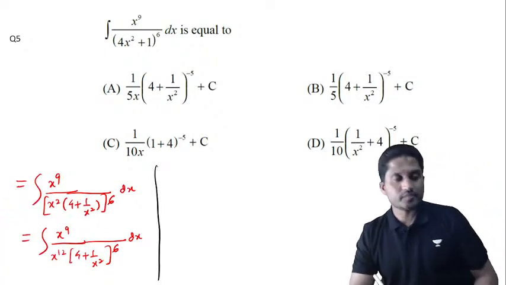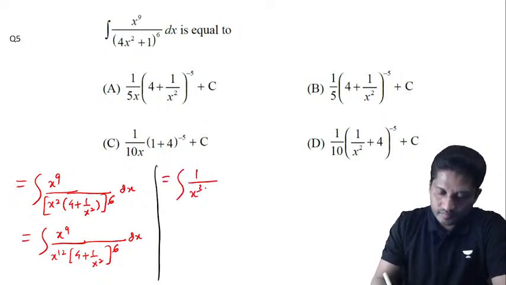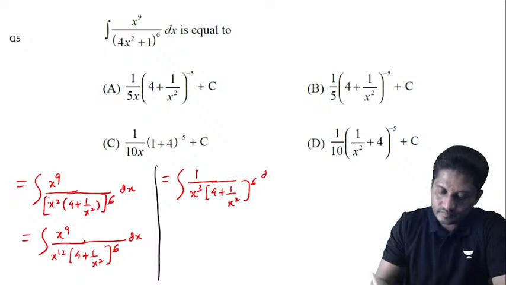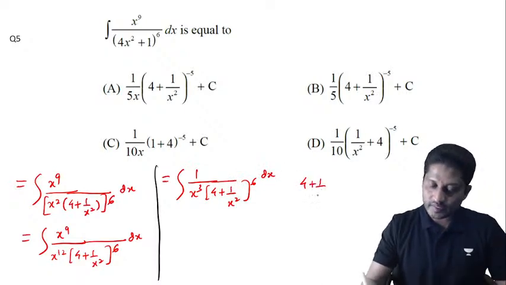Okay, now x power 9 by x power 12 is 1 by x cube, right? So this is equal to 1 by x cube into 4 plus 1 by x square whole power 6 dx. Right, what I'll do is I'm going to put 4 plus 1 by x square is equal to t.